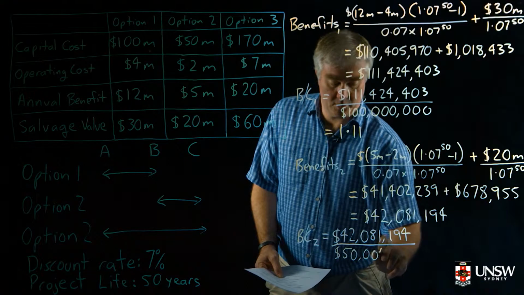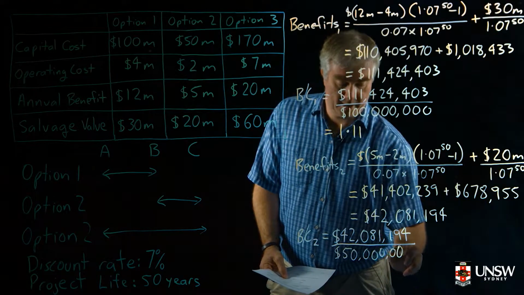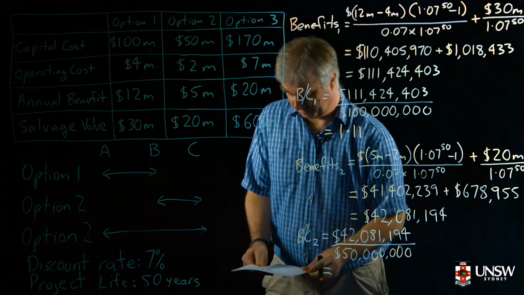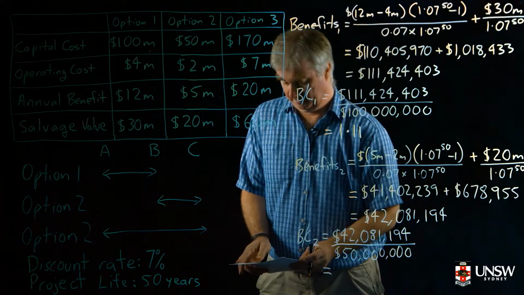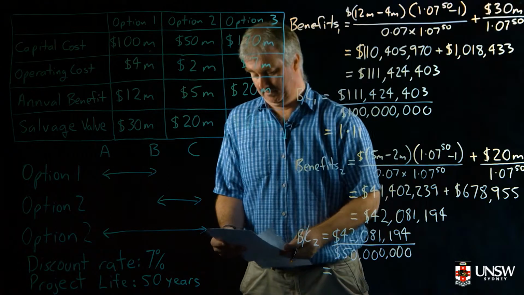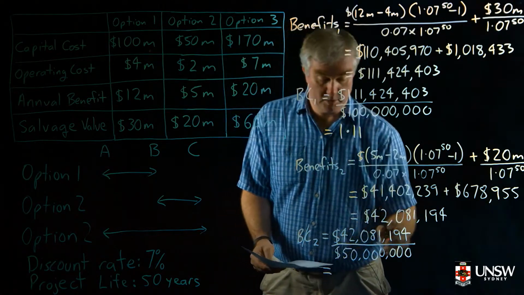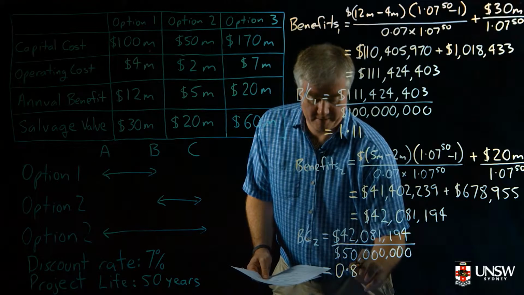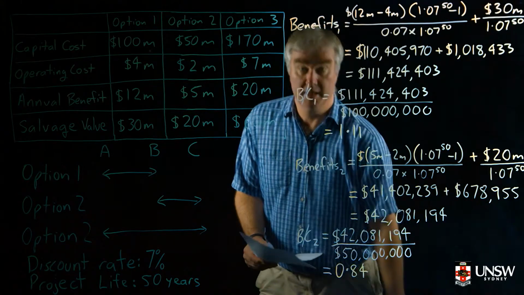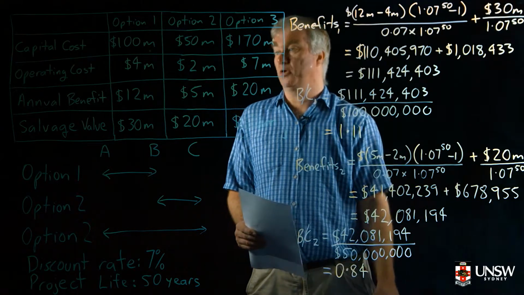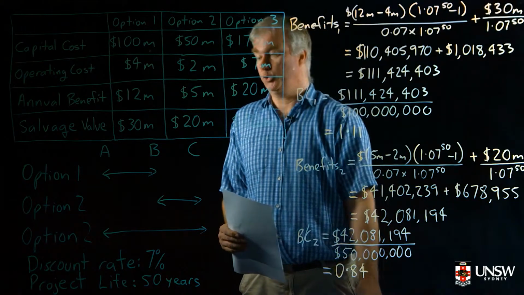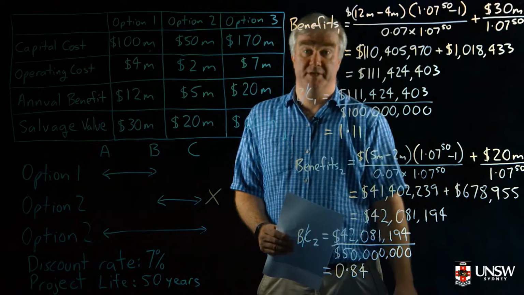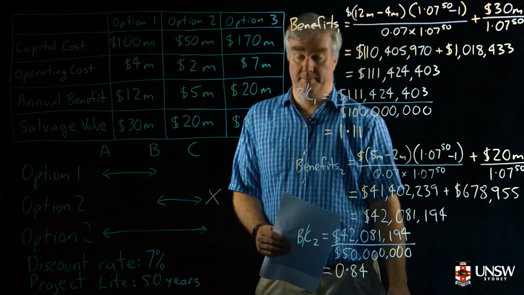This is not looking good, because when we do the calculation, we'll see that the answer is only 0.84. So this project is not worth doing. So option 2 is a bad option. Its benefits are not as large as the costs.